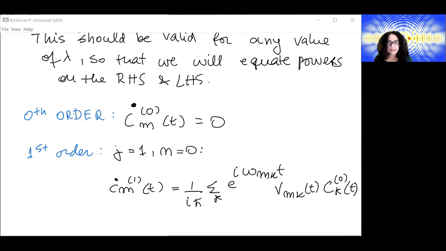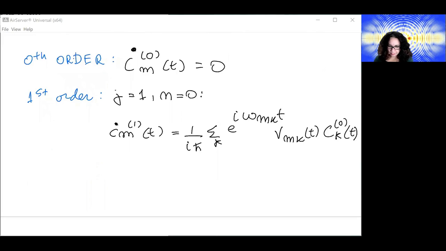Now we can carry on. Second order, we just have to equate left-hand side, right-hand side terms to the power 2 with regard to lambda.